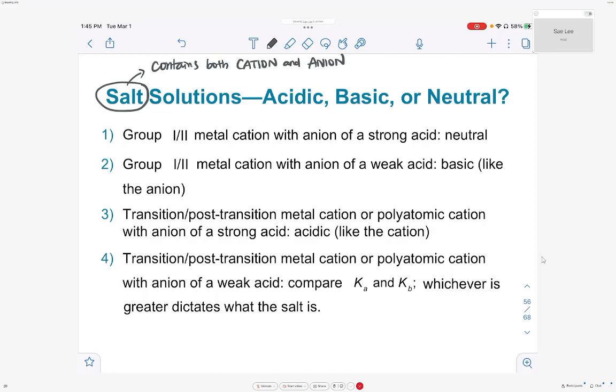The bottom line is that you have to look at which cation or which anion will affect or influence the pH.